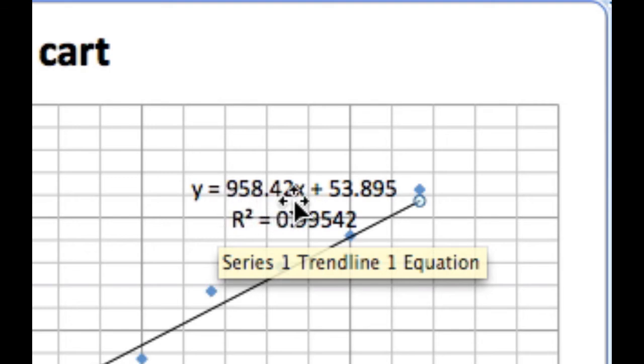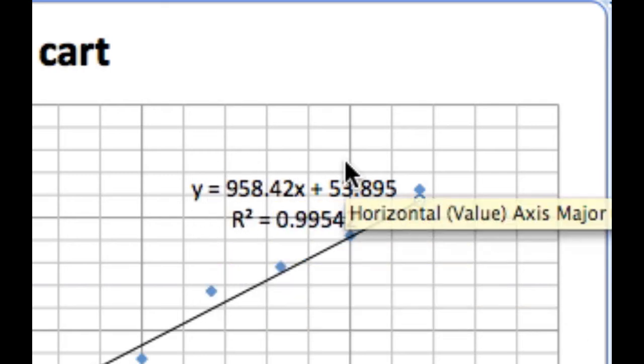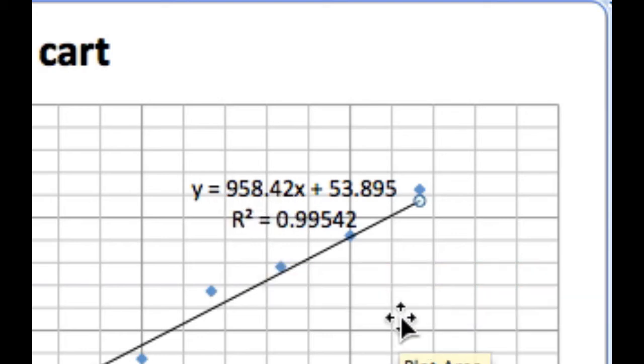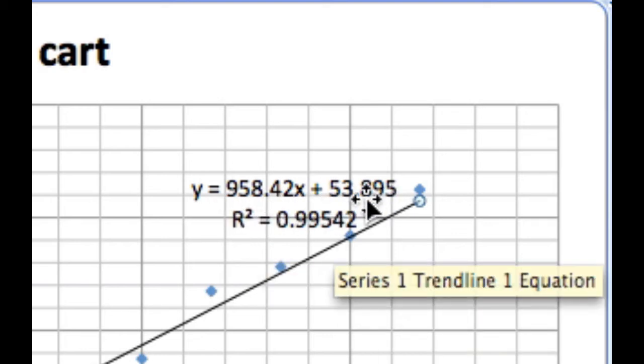The slope usually gives you the rate, and it's really important for giving you the relationship between the two variables. Most labs you're going to do, most labs I assign, you're going to be using this slope to find some value. This here is the y-intercept. This can be useful.